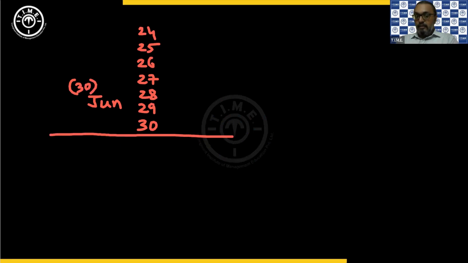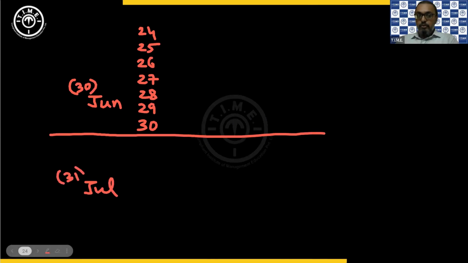June, I can start from 24, 25, 26, 27, 28, 29, 30. You have 7 days. June is a 30-day month. And then you have July, which is a 31-day month. You take the first 7 days. 1, 2, 3, 4, 5, 6, 7.